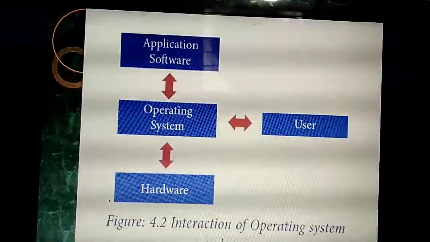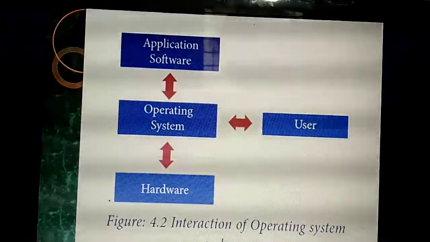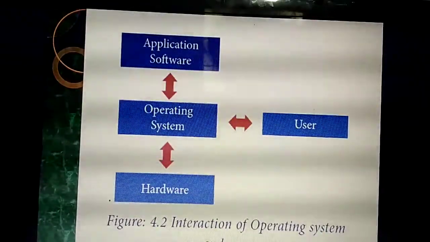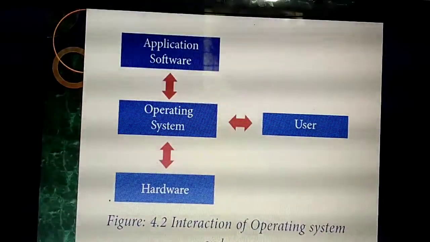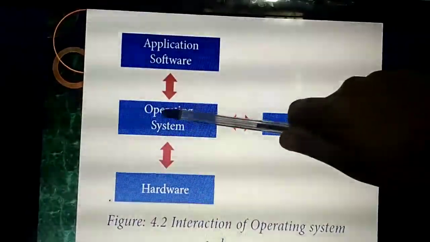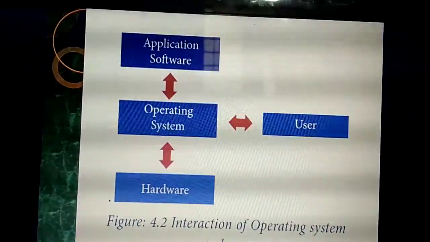Next, you are going to print the paper. Whatever you have typed in the word file, you are going to print. So for printing, which device needs to be connected? Printer. So your request is to print. So this operating system sends a request to which hardware device? Printer.